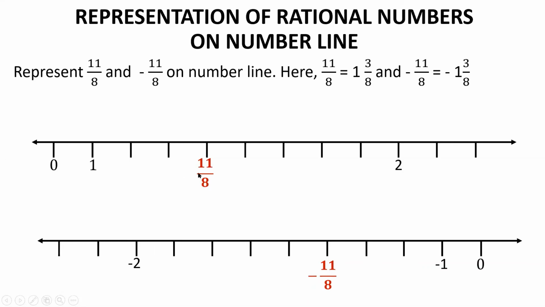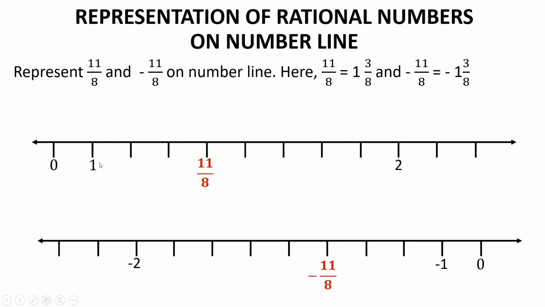Because I have 8 in the denominator, I need to make 8 equal parts, and for that I need to put 7 marks between 1 and 2. So I don't need to consider marks which are already representing 1 and 2. So between 1 and 2, I'll put 1, 2, 3, 4, 5, 6 and 7 marks, which will divide 1 and 2 into 8 equal parts.